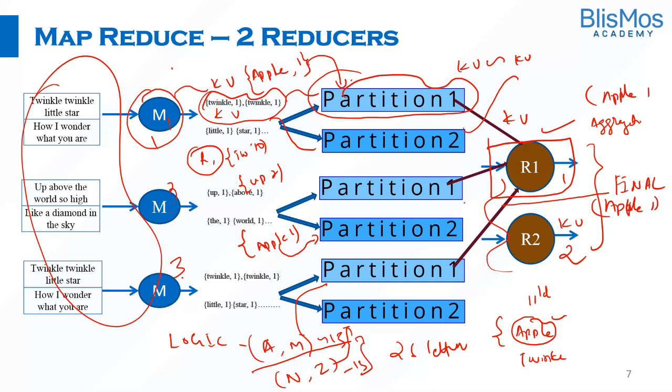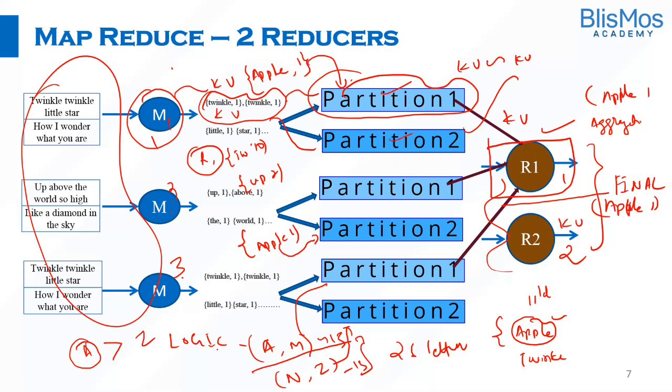But that may not be true. The number of words starting from A may be more than the number of words starting from Z. So whenever you are defining the partition logic, which is implemented by the Hadoop framework, it should ensure that an equal number of key value pairs get into partition 1 and partition 2.